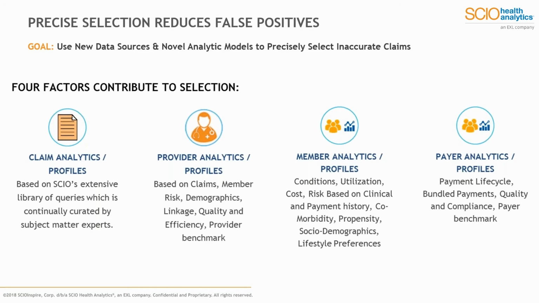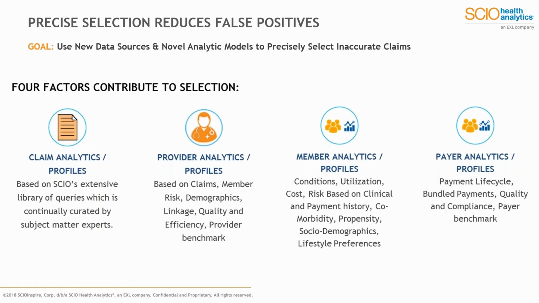So let's review the 4 factors to selections. We'll first start with claim profiles, which typically contain an extensive library of queries, which is continually reviewed and updated by subject matter experts. The provider profiles may include claims billed by the provider, member risk scores, demographics related to the provider's location, quality and efficiency, and benchmarking.